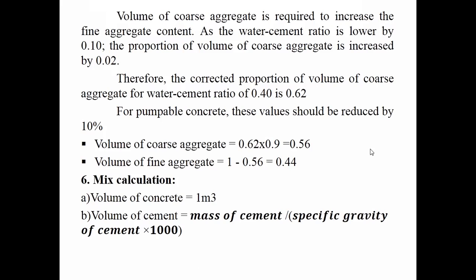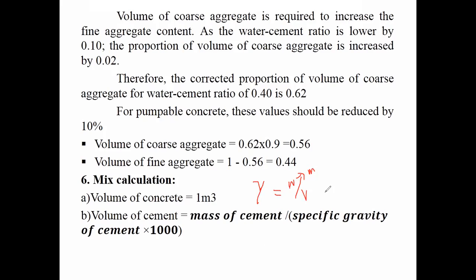Next, coming to point B, it is the volume of cement. Volume of cement can be taken as mass of the cement divided by specific gravity of cement into 1000. For this you should know what the specific gravity, the mass and the volume are. Unit weight is given as weight by volume, and weight here is taken as mass.